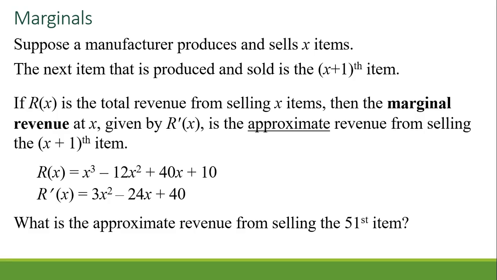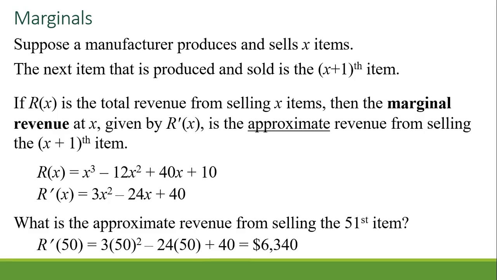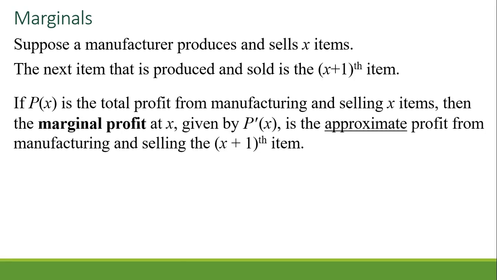So if we want to find the approximate revenue for selling the 51st item, we'll find the value of the derivative of our revenue function when X is 50. So the marginal revenue when 50 units are sold, which really means the approximate revenue that we get for selling the 51st item, is $6,340.